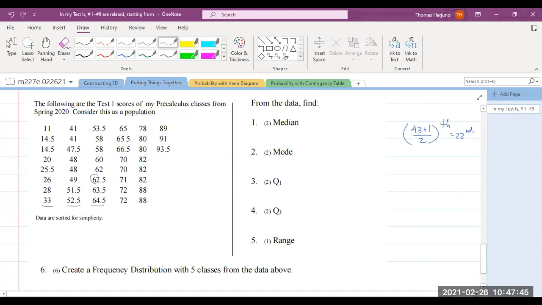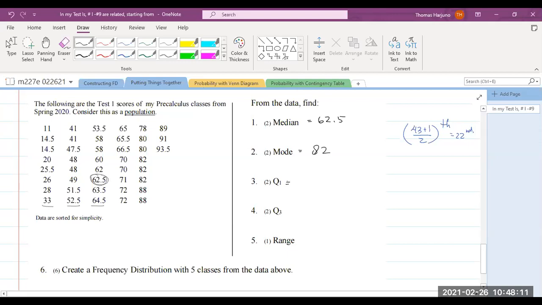So data number 22 is this. So the median is 62.5. How about the mode? I saw 82 is the mode. Is it right? 82 is the mode. Okay, great.